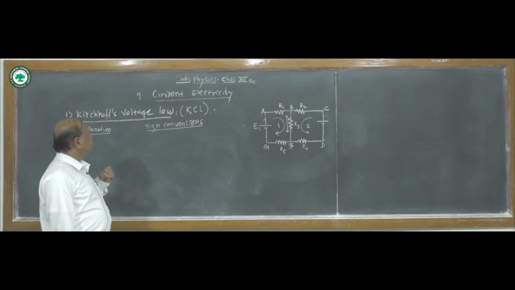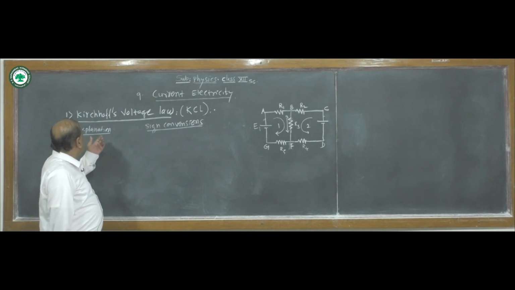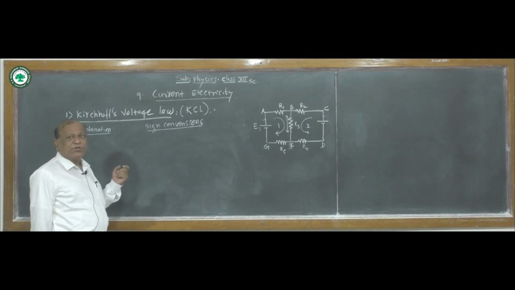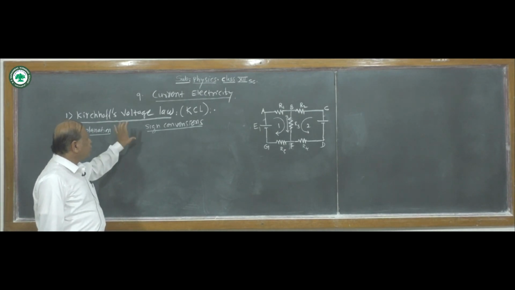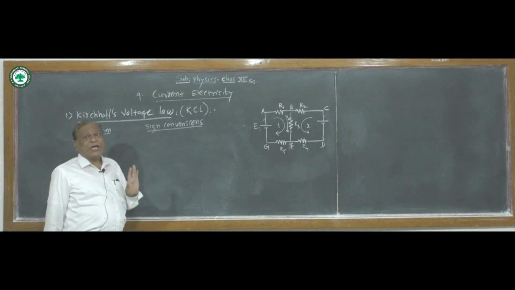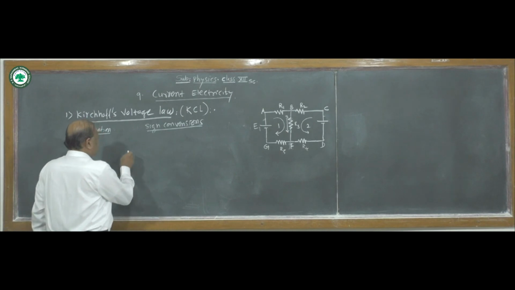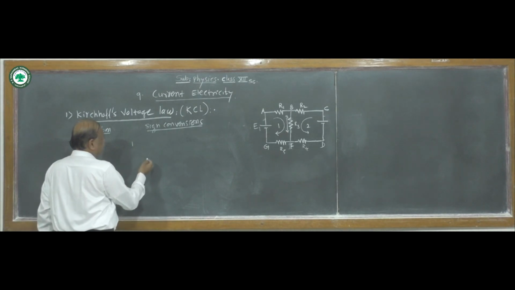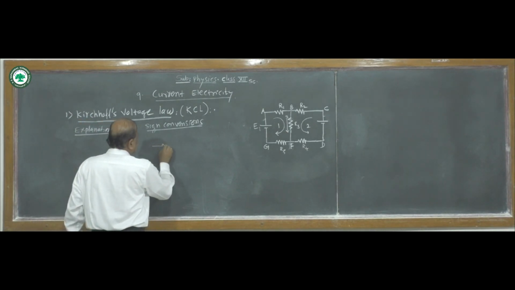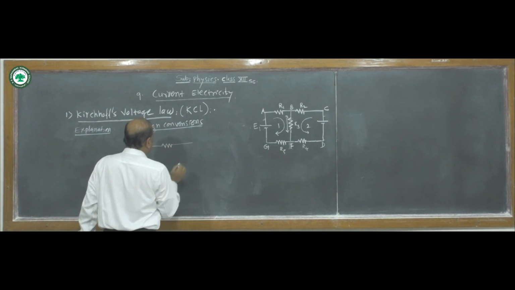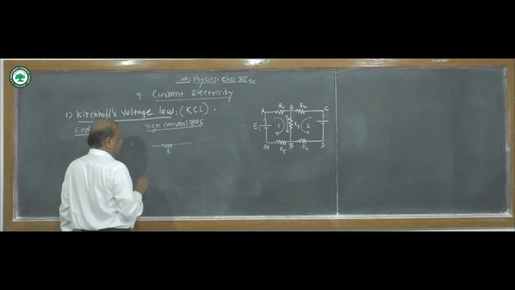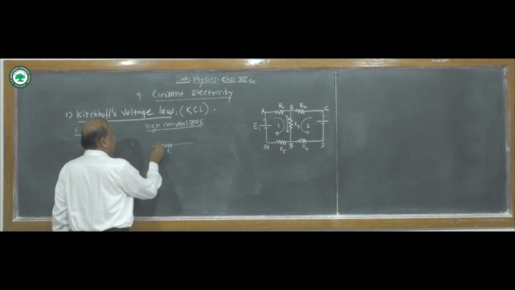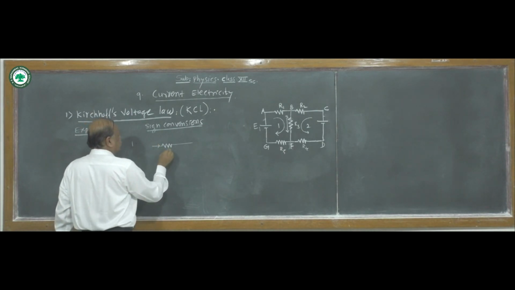Now here, before explaining Kirchhoff's voltage law, we have to see two sign conventions. First one: consider a loop that consists of a resistance R, and current I flows through it.